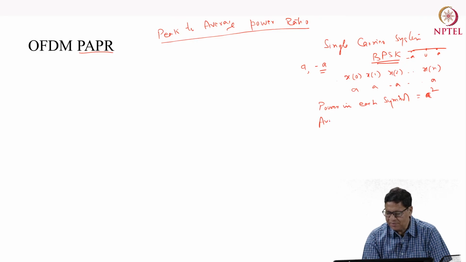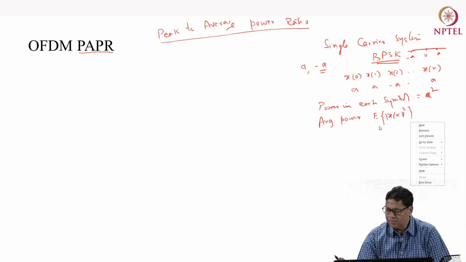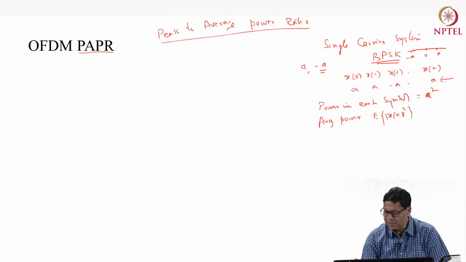So the average power will be the expected value of xk whole square. For a BPSK signal, this is going to be A square only.